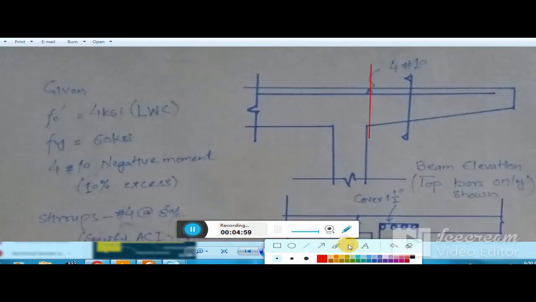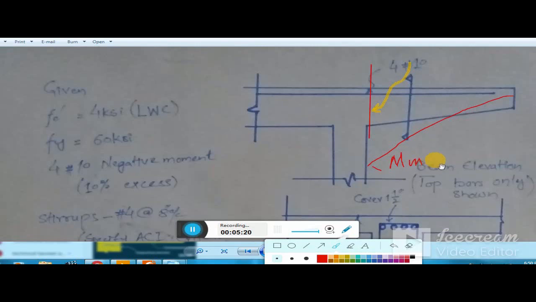Now you see this face is a critical section, because the maximum bending moment exists at this point. There we have the maximum moment.